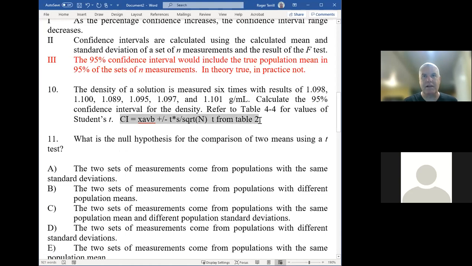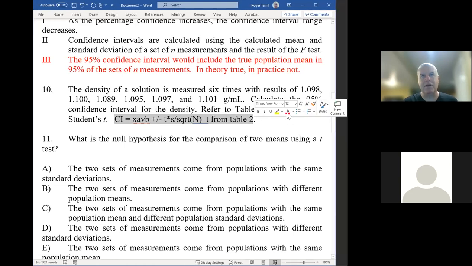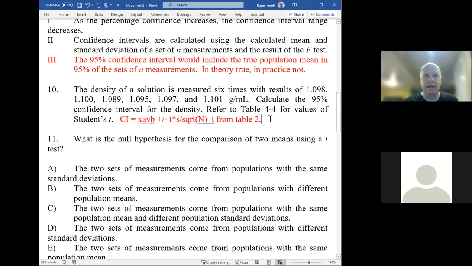This is basically what you have to do. It's so trivial. Take the square root of n. N here is 6, and t with 5 DOF from table 2. The only other important thing is it's 95%, and you just look at that corresponding value in the table.